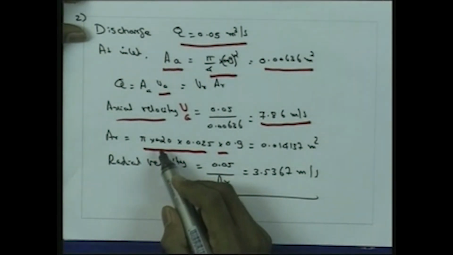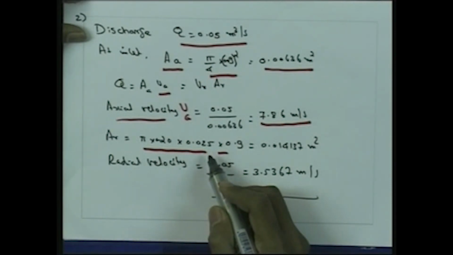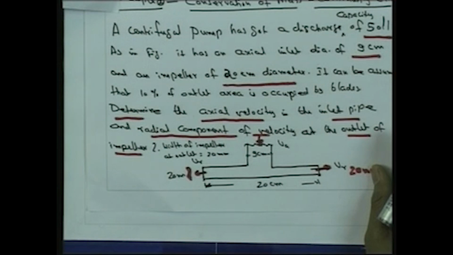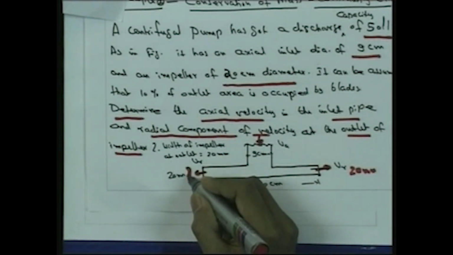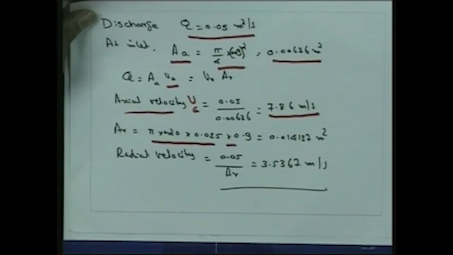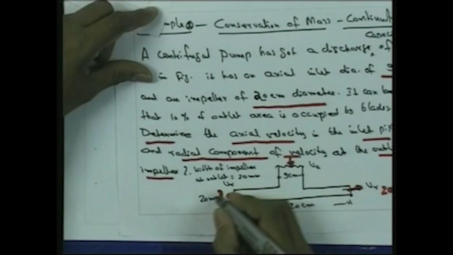So pi into 0.2 into 0.025, since 20 centimeter is what is given here, and 0.025 is the depth.